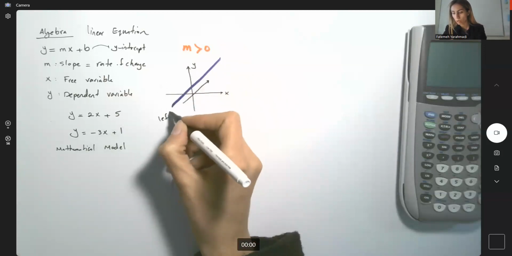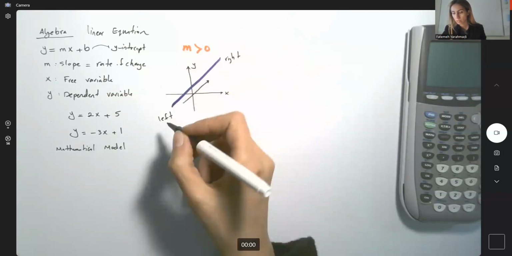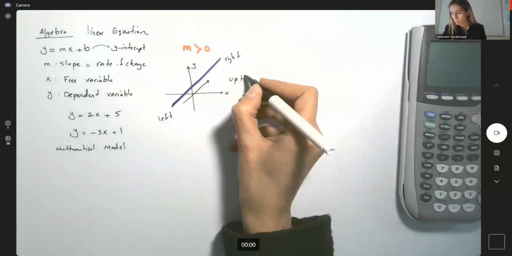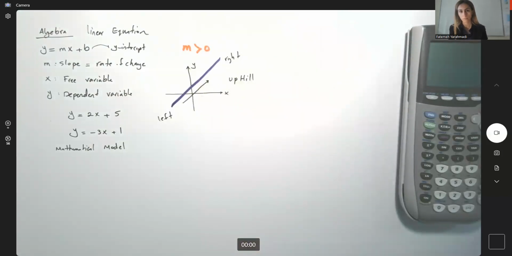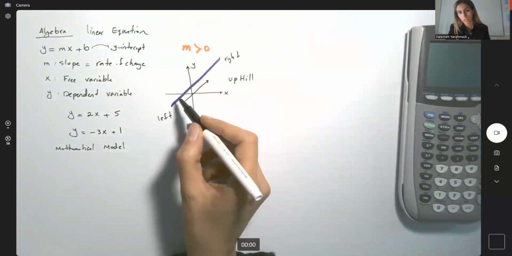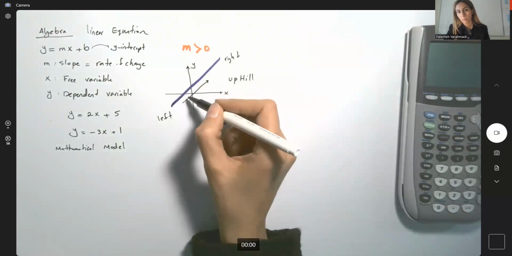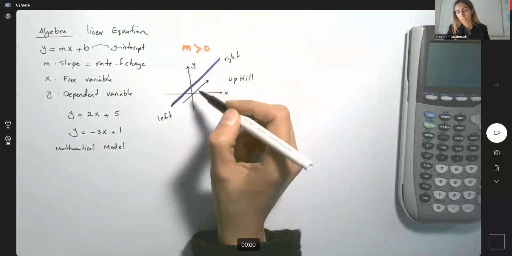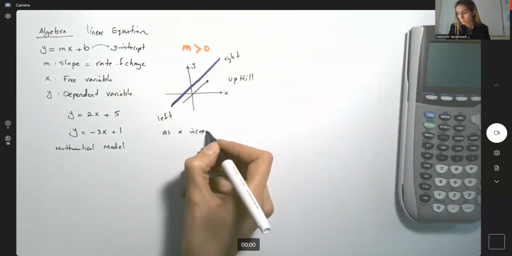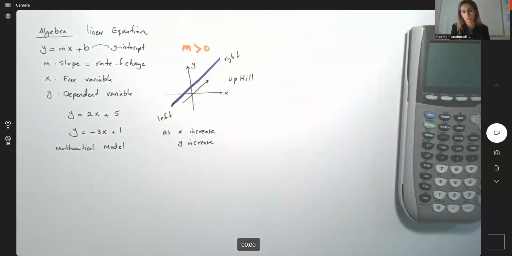Remember, you always read graphs from left to right. It's uphill. It is increasing. So in this scenario, as x increases, my y increases as well.